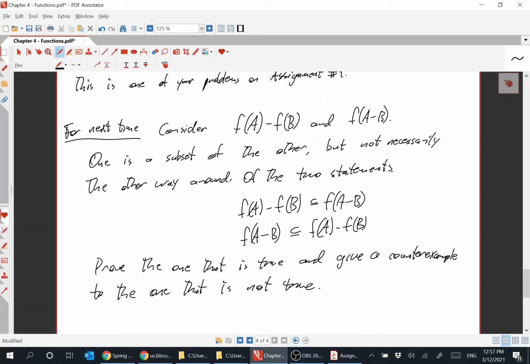So one is true, the other is not. Try to prove the one that's true, figure out which one is true, and for the one that's not, give a counterexample. Next time we'll go over that.